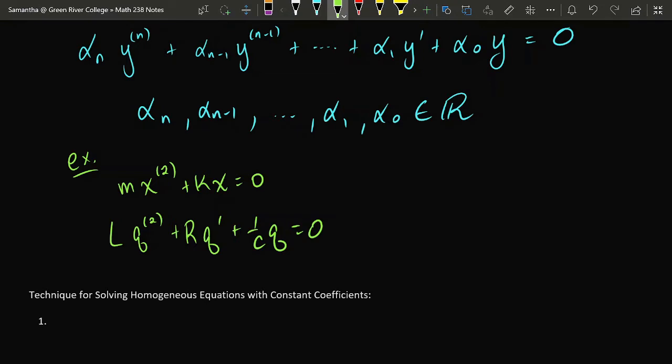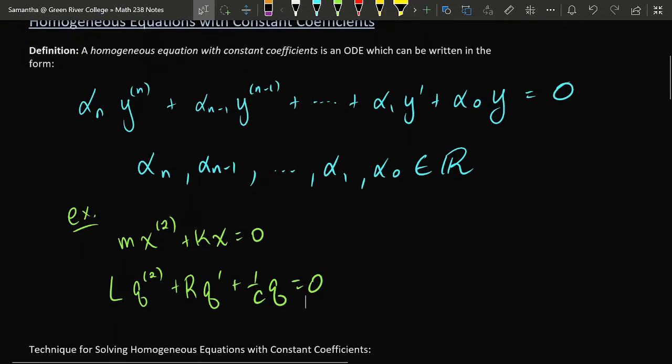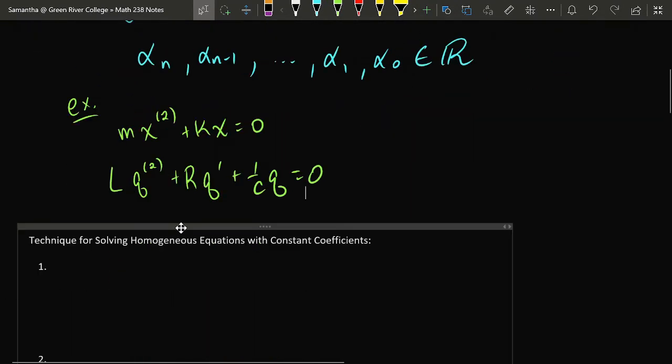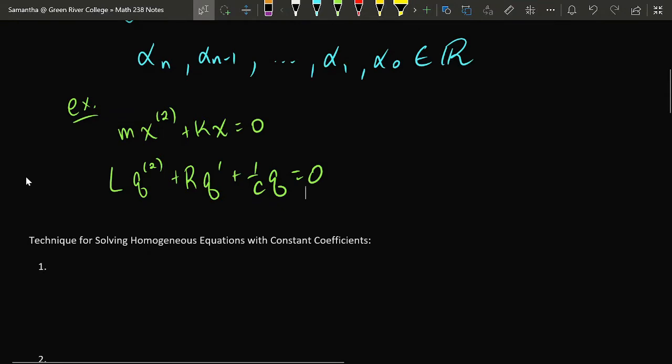Unless the mass of your spring was varying over time, unless your inductance, resistance, and capacitance are changing over time, these two equations represent examples of homogeneous equations with constant coefficients. So the techniques that we introduce today and tomorrow will be applicable to problems like these in real-world applications.